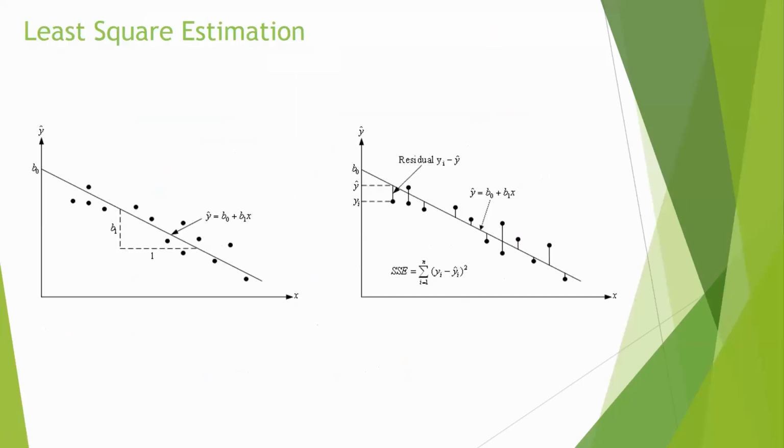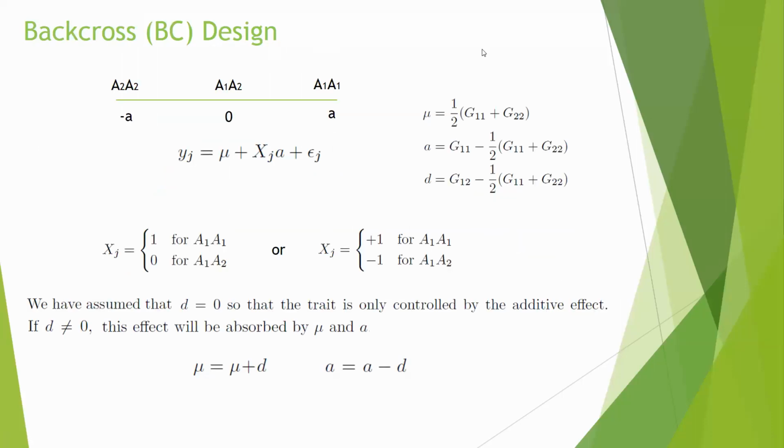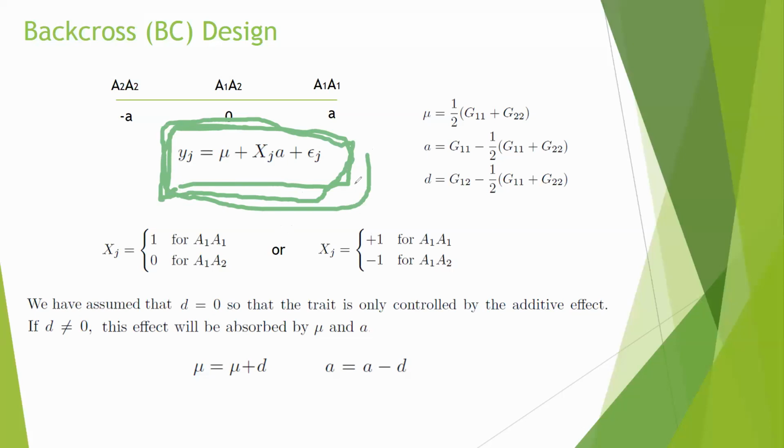Okay. So this is how we use least squares to find the linear regression. I hope you would agree, this is a linear model. We translate this biological problem into a mathematical or statistical model, and we take advantage of this linear model to test the association between the phenotype and the genotype, right?